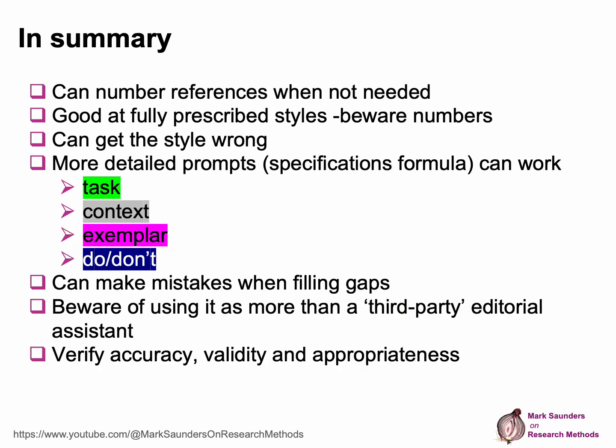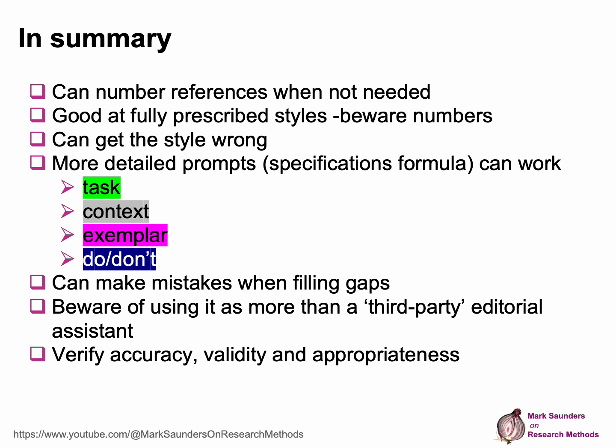So in summary, GenAI sometimes numbers references when it's not needed to. But it's pretty good at fully prescribed styles such as APA, American Psychological Association, although do beware of the numbering. It can, however, as we saw with the British Journal of Management style, get things wrong. However, more detailed prompts, when we actually move to using the specifications formula, can work.